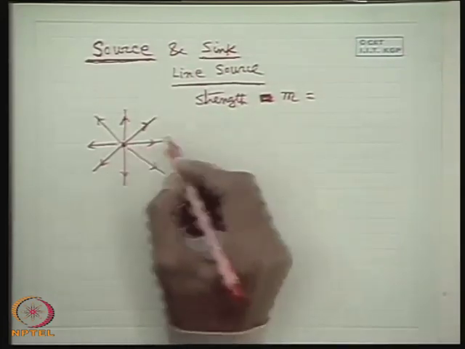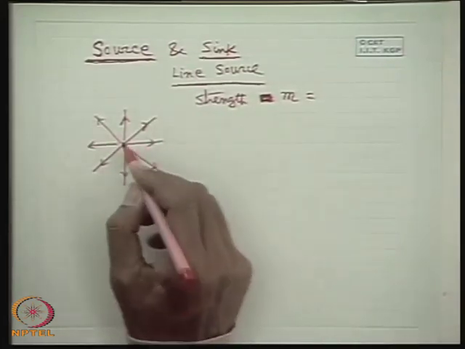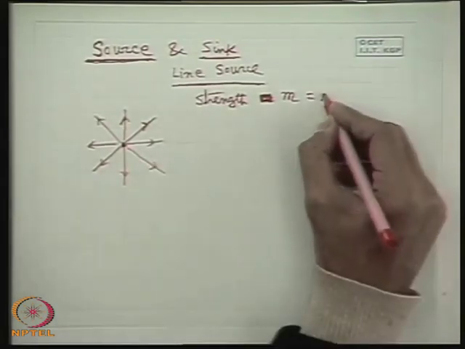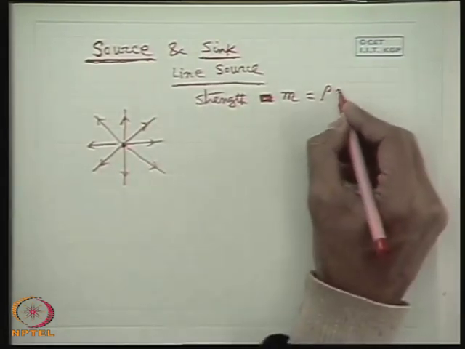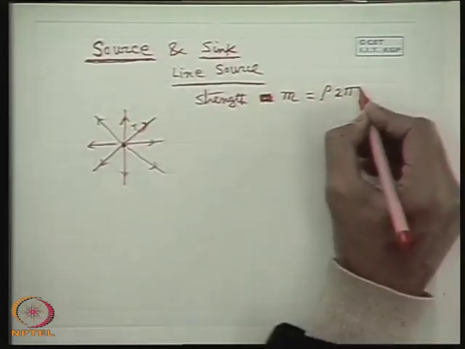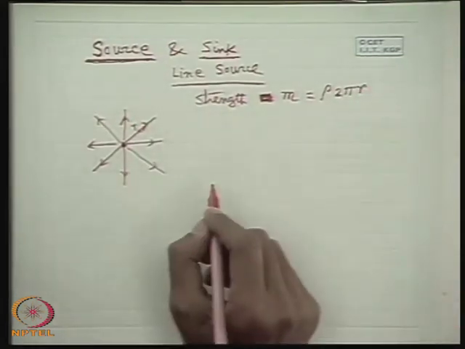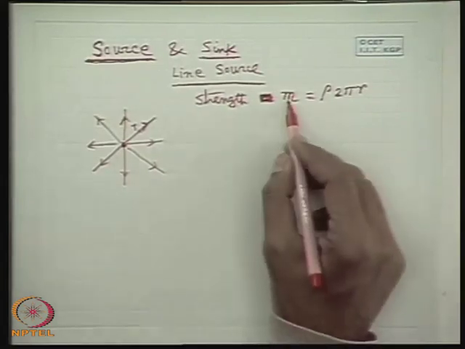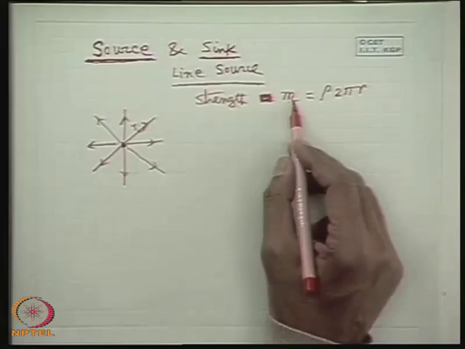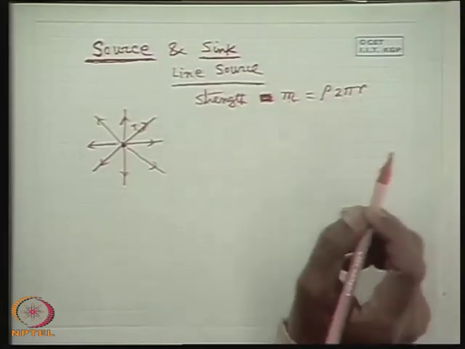Mass flow rate coming out per unit length in the case of two-dimensional flow, if you consider a linear element perpendicular to this plane, will be the density of the fluid times twice pi r at any radial location r. In terms of mass flow rate, M is equal to rho twice pi r.